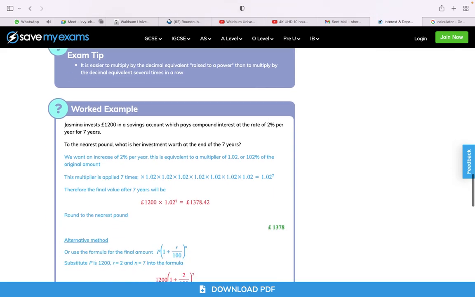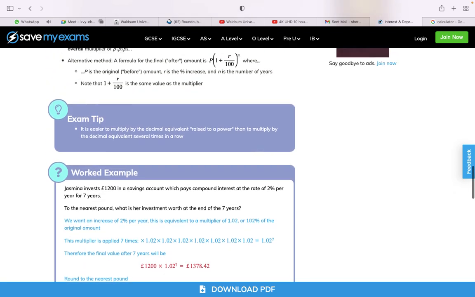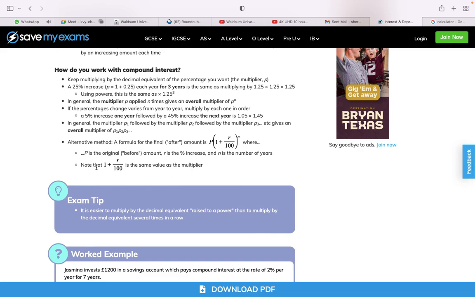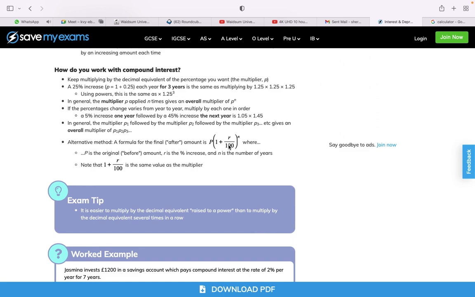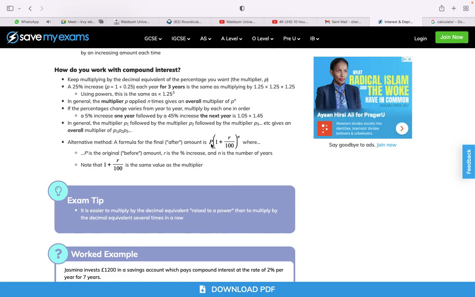I know you'll be confused here. How did they arrive at 1.02? Where is this 1.02 coming from? This 1.02 is coming from inside the bracket, this 1 plus r over 100. R is the rate, and the rate in this case is 2%. 2% means 2 divided by 100.